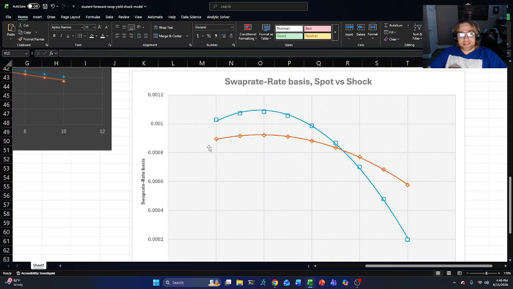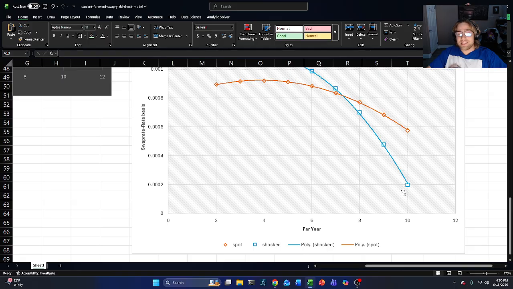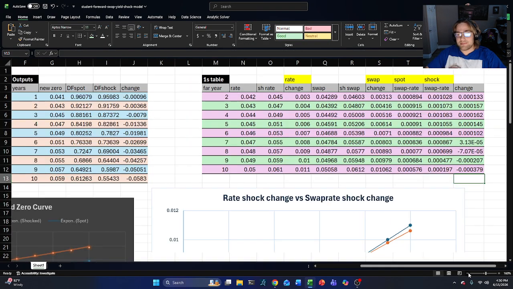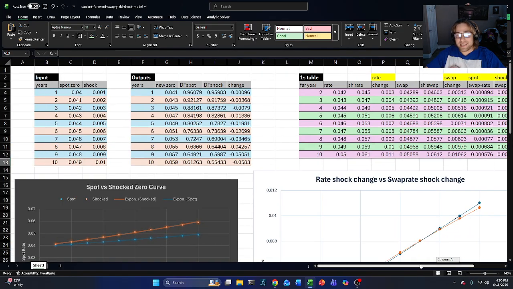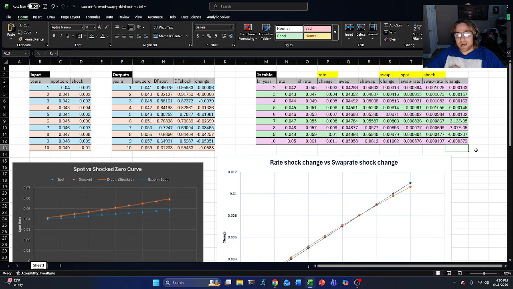The basis is much higher for the shocked, but out in time, kind of as we're looking here, that basis significantly decreases.